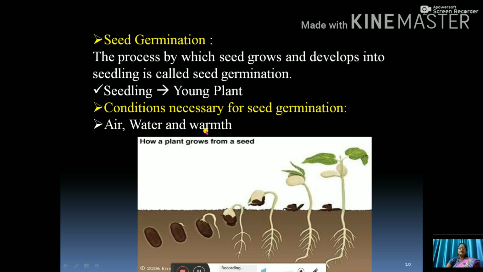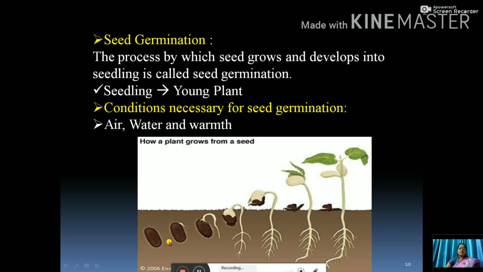But the fourth one contains wet cotton and the seed covered with a small paper. So the air, water and warmth are all given to the seed, so the seed will germinate. So I am giving you this activity, my dear children, and you will do it at your home. It is very simple, it can be done by you.